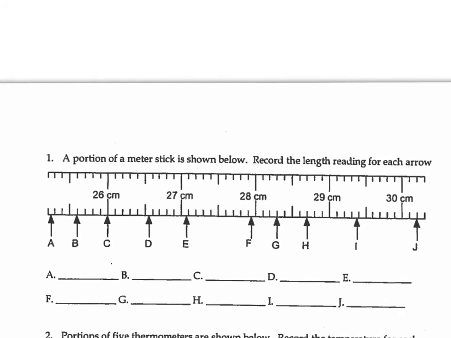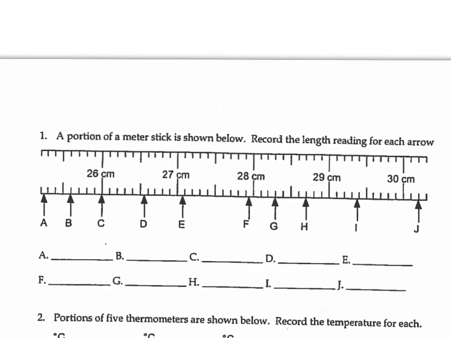There are a few points that I want to make. This ruler is in centimeters. Let's take a look at D and make a measurement of D, and I want to talk through what we know about D in order to make this measurement.